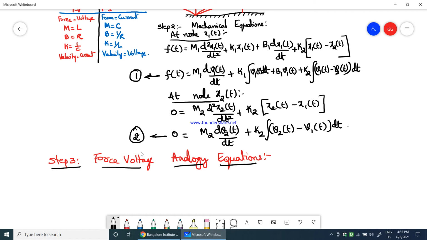Now we know that in force voltage analogy, force is equal to voltage, so I'll represent voltage as E so that you don't get confused with V here.